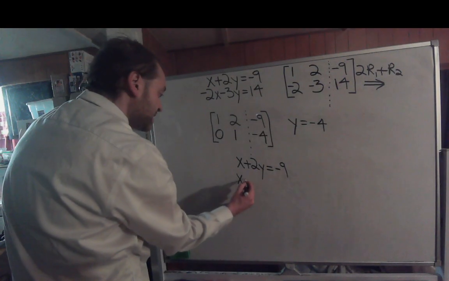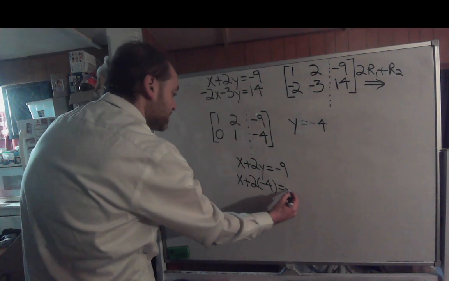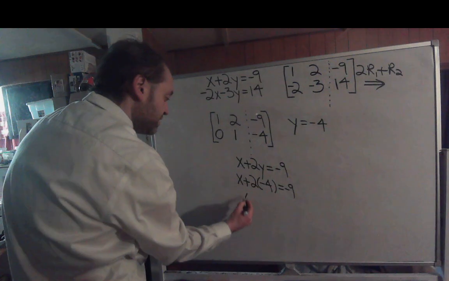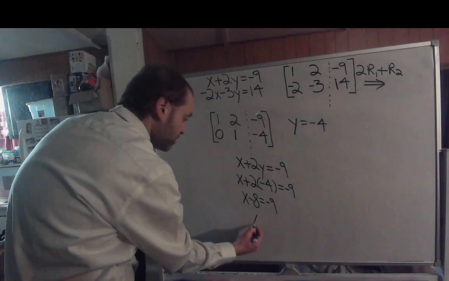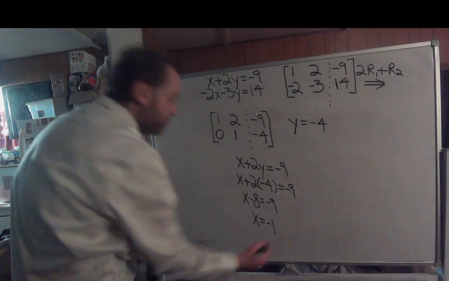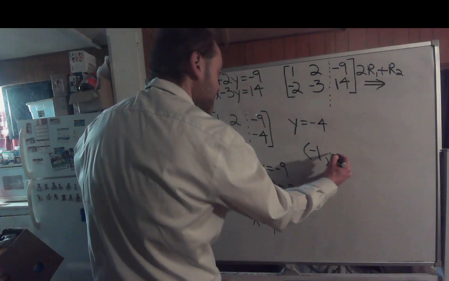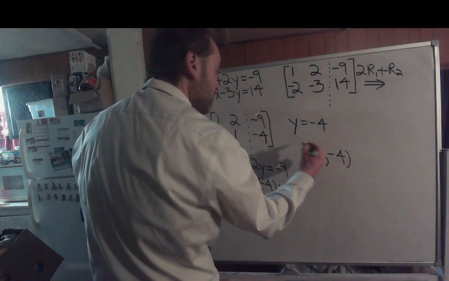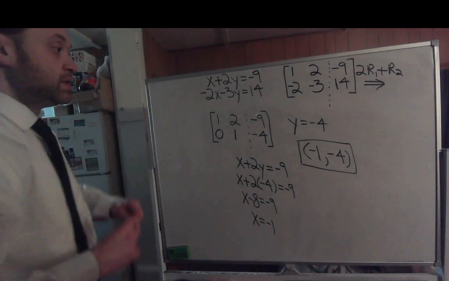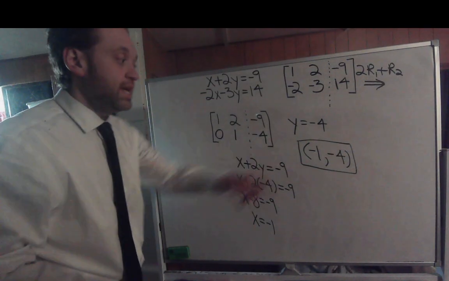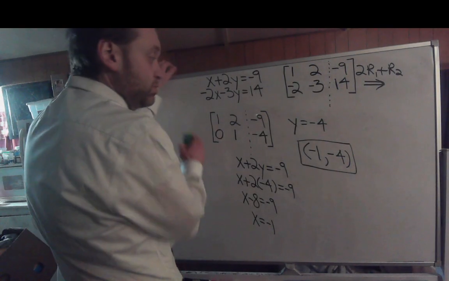So you'll take x plus 2 times -4, set that equal to -9, which would give you x minus 8 equals -9, which would give you that x equals -1. So the ordered pair that would be the solution for the system would be -1, -4. So -1, -4 is the ordered pair that is the solution for this system of equations.